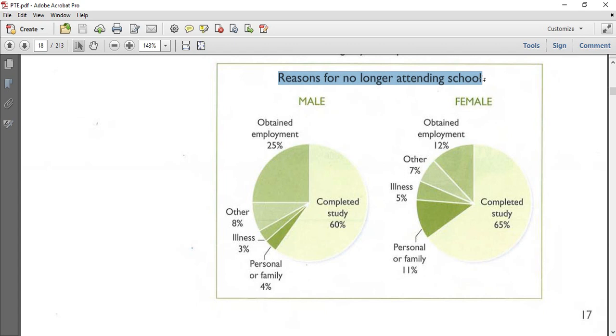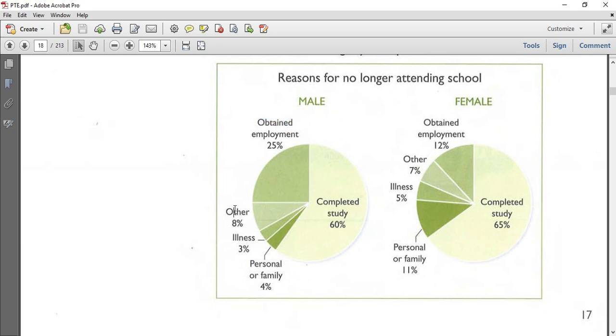So here the graph compares male and female, and these are all the reasons that they no longer attend school. Obviously we can see that the first reason is that they completed their studies, and then personal or family reasons, illness, obtaining employment, or others.